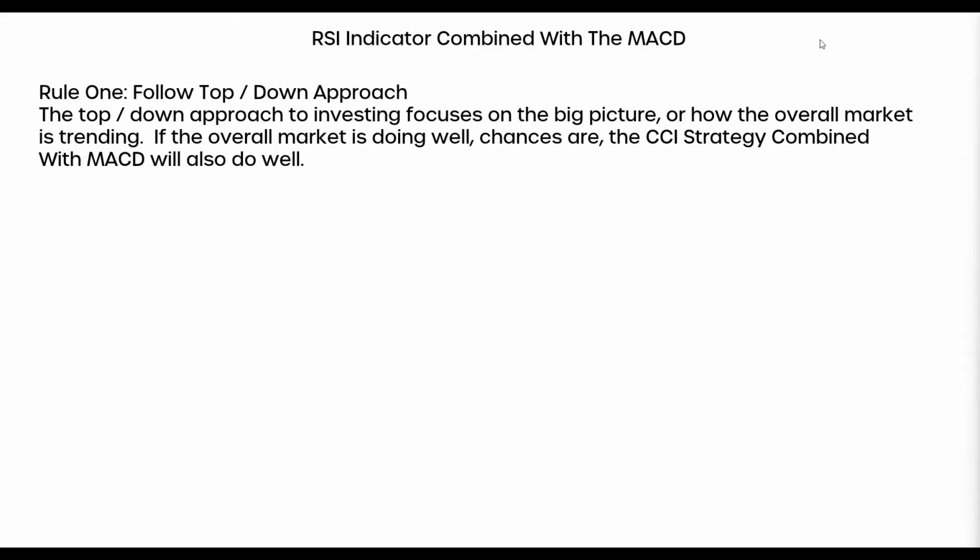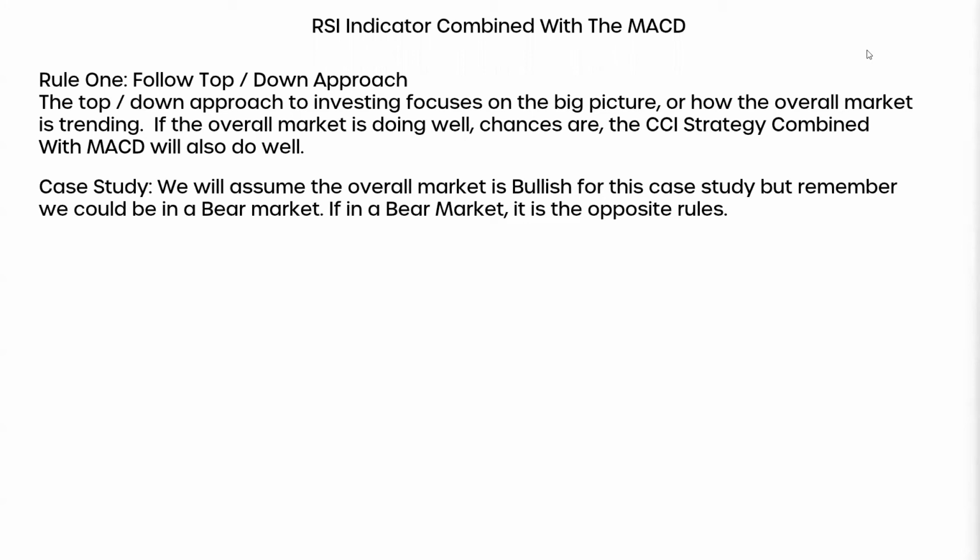Of course, if the overall market is uptrending and we are in a bull market, a lot of indicators will work better. A lot of strategies will work better. So that's why it is so important to understand the macro picture. For this case study, we will assume the overall market is bullish.